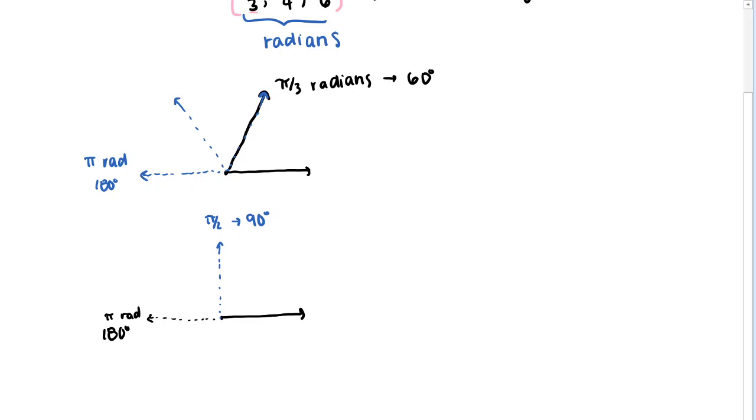So we cut this into another half, or you can think of taking pi radians and cutting it into fourths. Well, 1/4 of 180 degrees is 45 degrees. And so pi over 4 radians corresponds to 45 degrees.